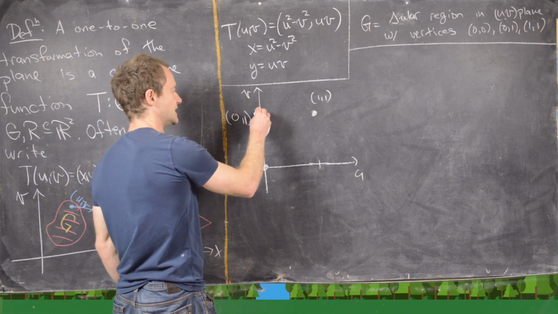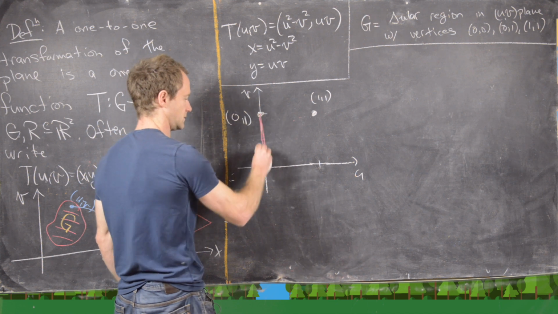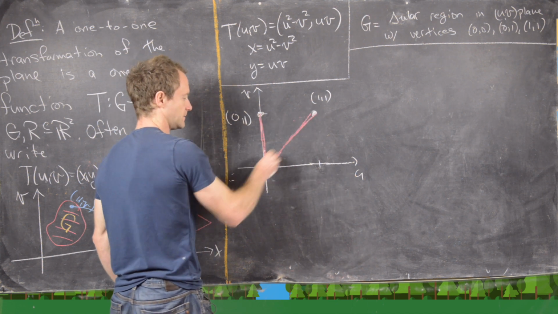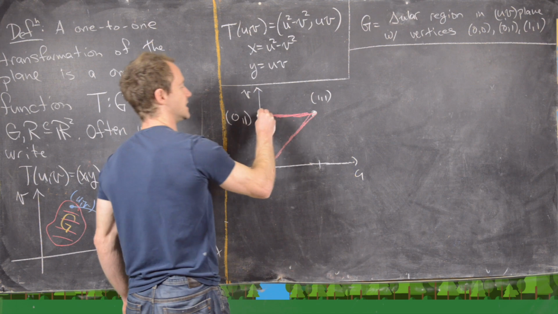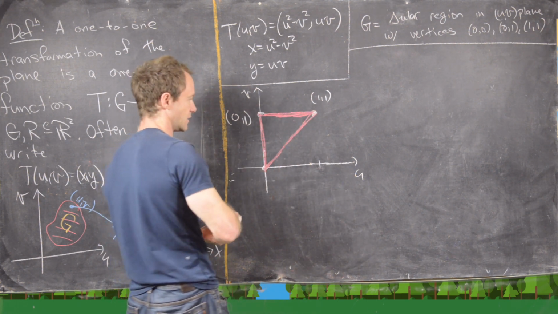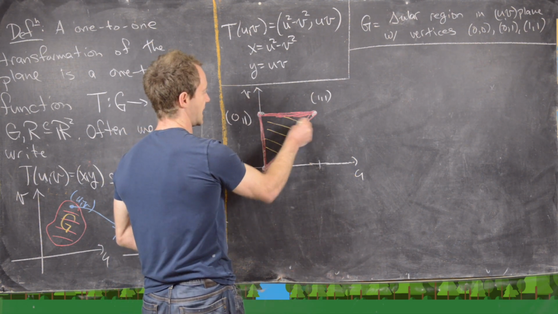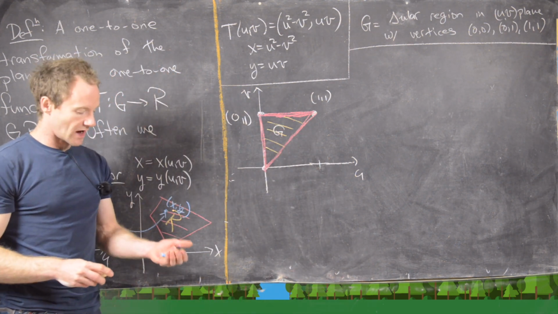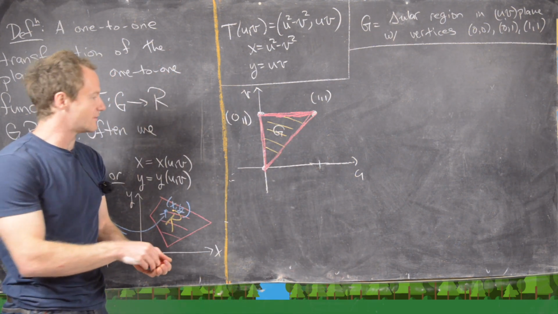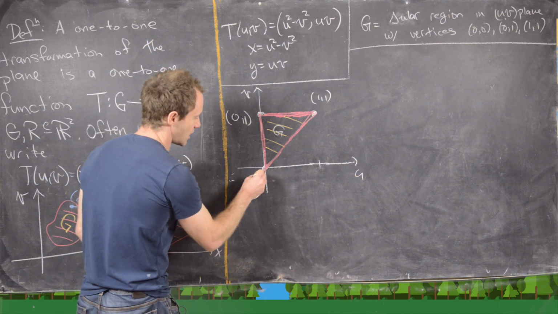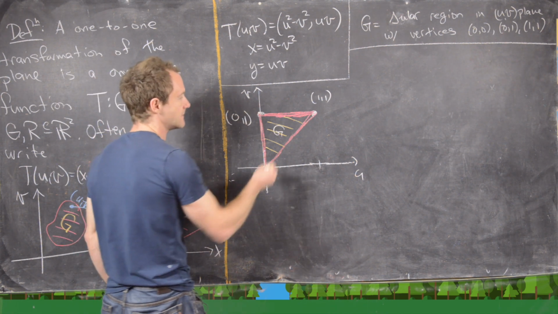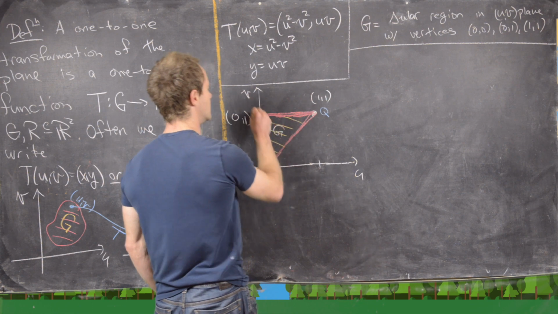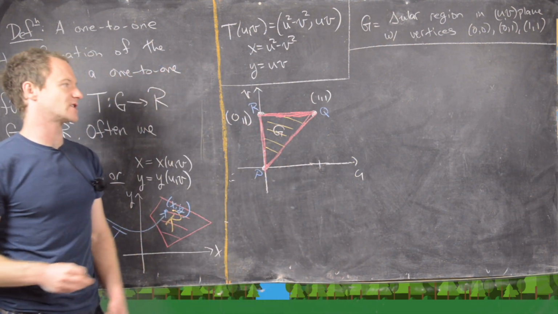So we have this triangle that we're interested in here. Okay, so I'm going to go ahead and shade that in yellow. Okay, great. So I'm going to go ahead also and label these points. So I'm going to call this origin point P, this point up here point Q, and this point over here point R.